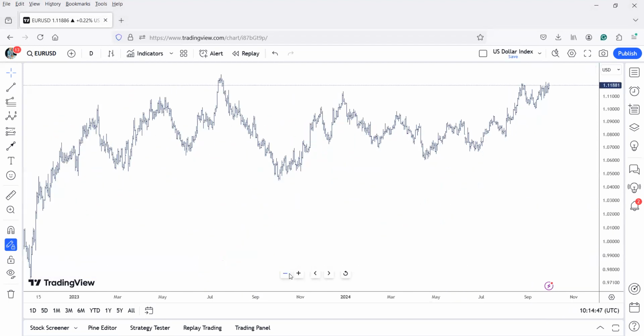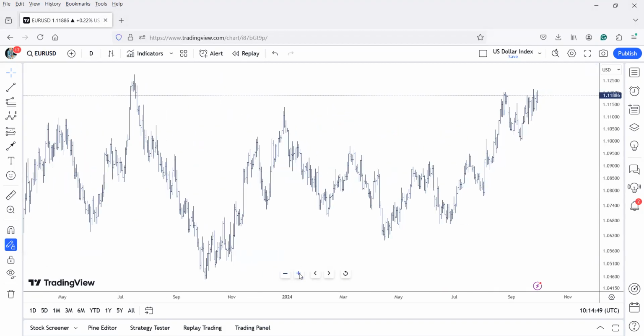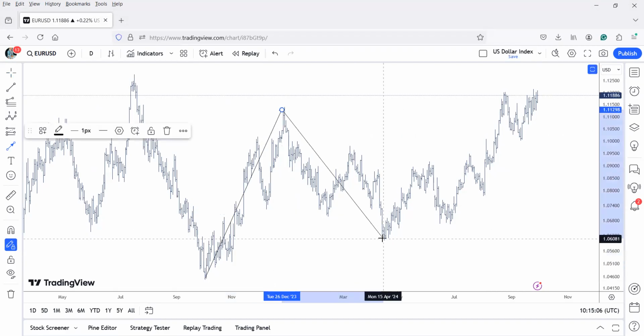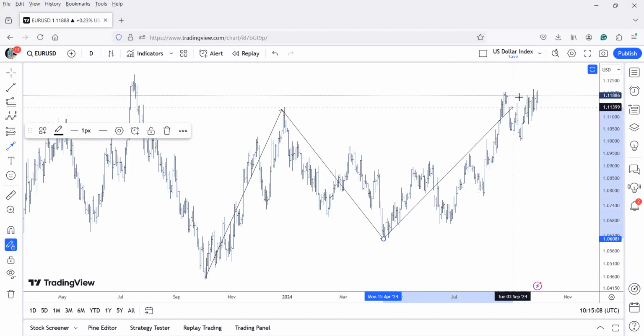Let's take a different outlook this time on whether it is an ABC kind of rally which is progressing since 1.045. That is wave A, wave B, and now we are into wave C. Let's look into that angle now.